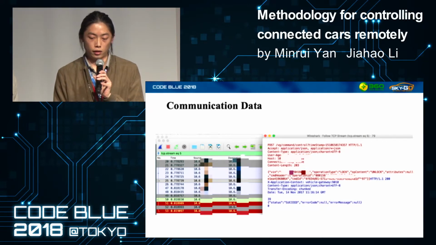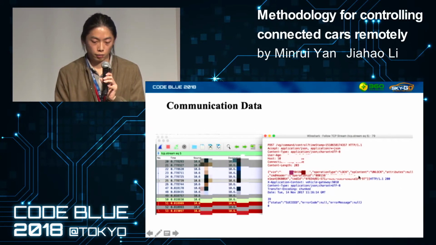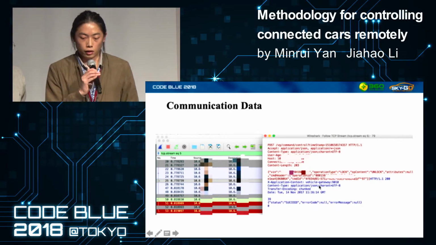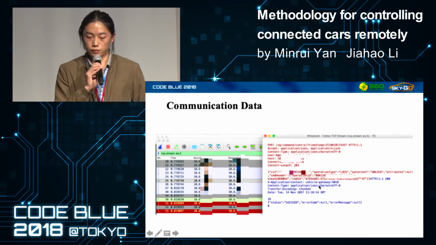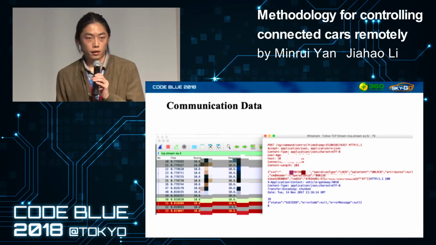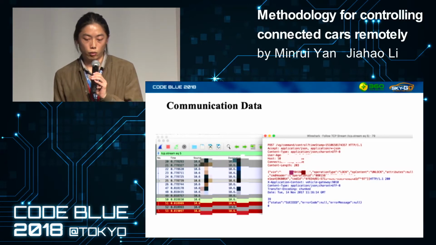The tokens are the operation ID and the CMD ID. We call it command ID. In this picture, you can see the CMD ID in the right window. The operation ID is fixed by specific car versions. The command ID is the real token generated by the data center.